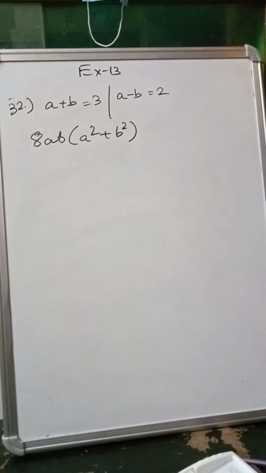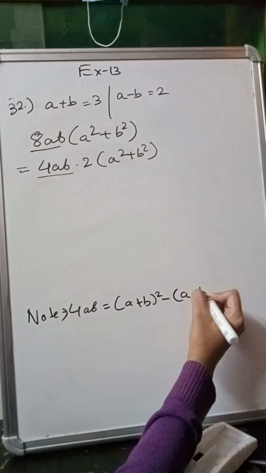We can write this. Now see this 4ab, note here, okay? This 4ab we can write as a plus b whole square minus a minus b whole square.